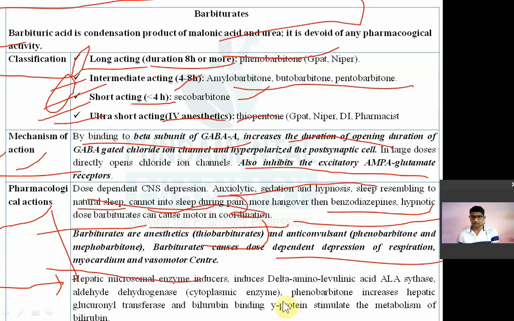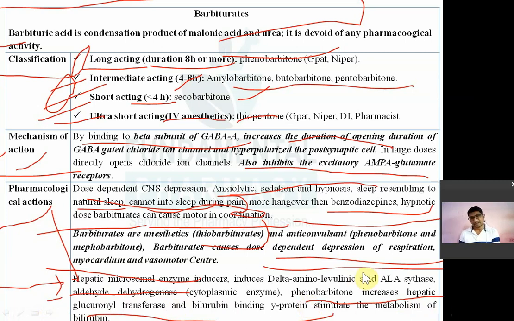It increases the level of delta aminolevulinic acid, ALA synthase, then aldehyde dehydrogenase. So it induces this kind of enzyme. Phenobarbital increases hepatic clearance. It increases hepatic glucuronyl transferase and bilirubin binding protein, and stimulates the metabolism of bilirubin.